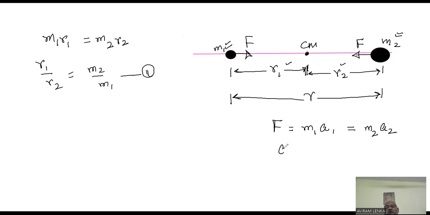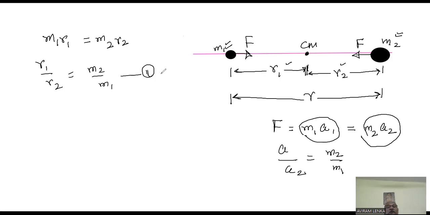So the ratio of the accelerations, A1 by A2, will be equal to M2 by M1. This is the same ratio as the ratio of the distances of the center of mass.